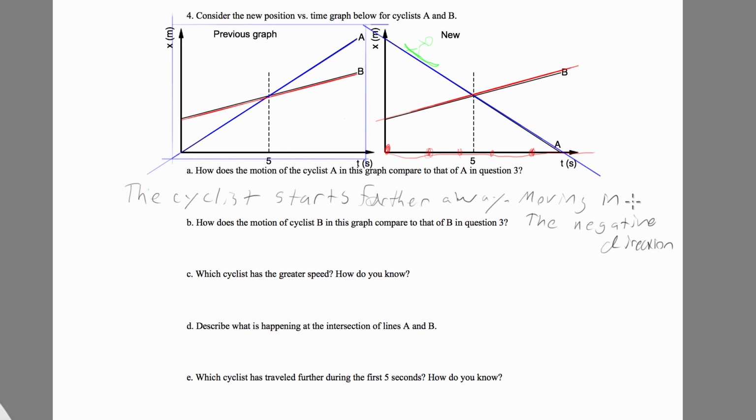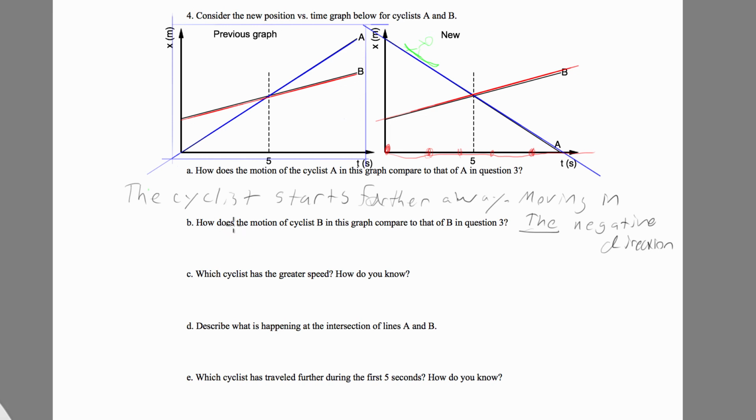Because the negative direction is okay in this case because there is only two directions. There is the positive direction and there is the negative direction. Those are the only two choices. In other problems, there will be maybe several negative directions. But in this case, using the word "the" is okay.